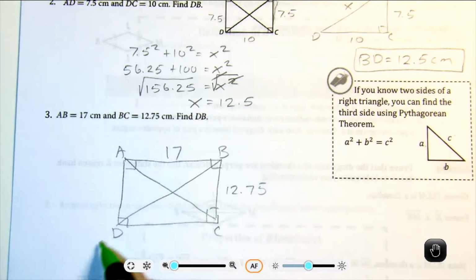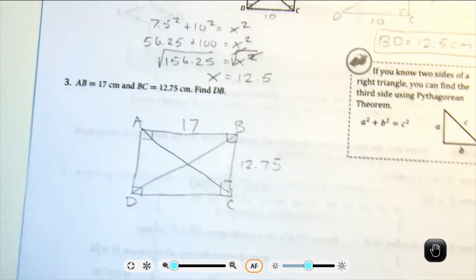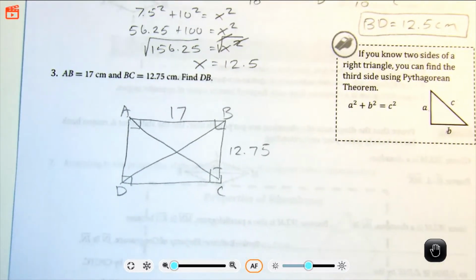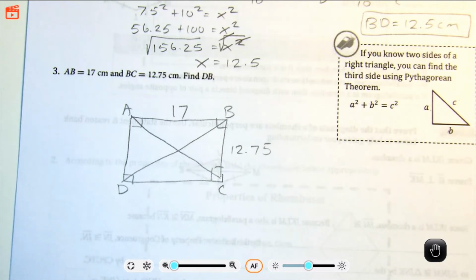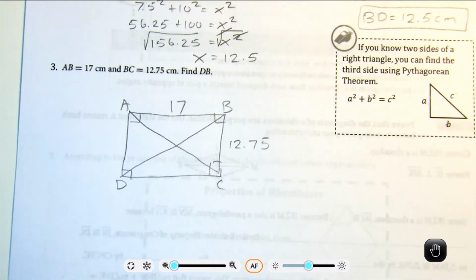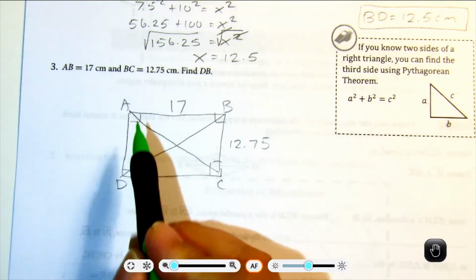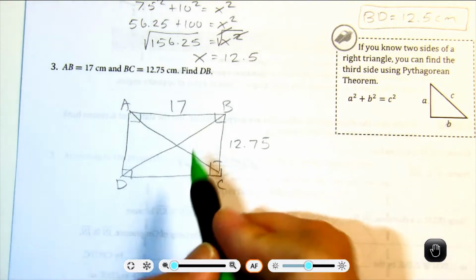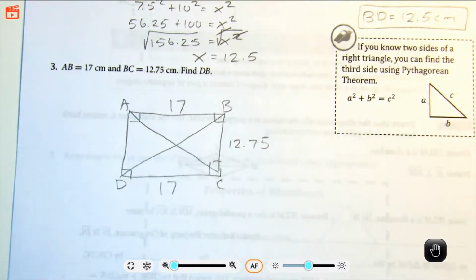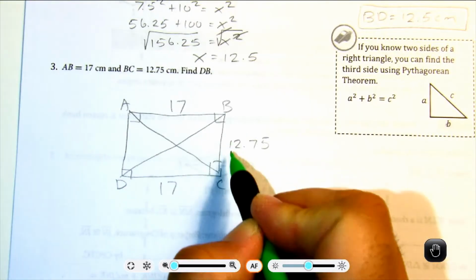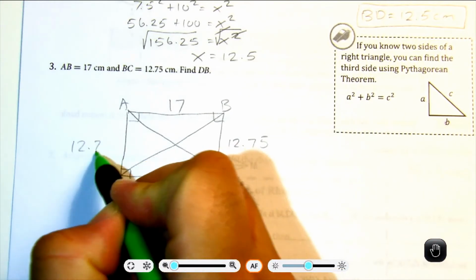If you guys want to pause the video here and attempt this problem on your own, then when you click play again, you could see the solution. So if this side is 17, this side is also 17. If this side is 12.75, then this side is 12.75.